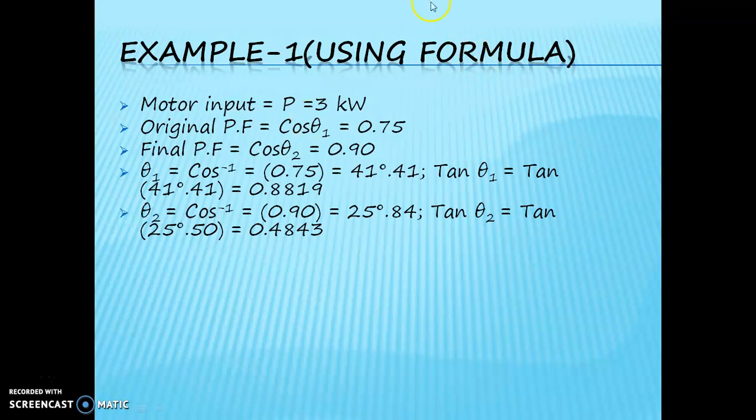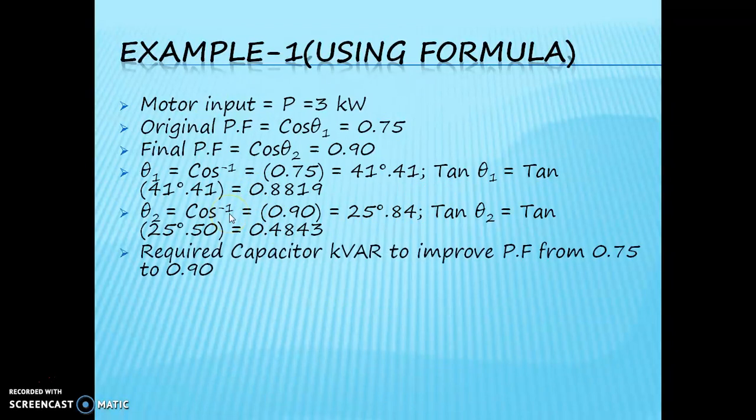Theta 1 is equal to cos inverse of 0.75. Theta 2 is equal to cos inverse of 0.90. From these values we find tan theta 1 and tan theta 2. Tan theta 1 is tan of 41 degrees, 0.41. Then tan theta 2 is tan of 25 degrees, 0.84. From this we are getting these values.